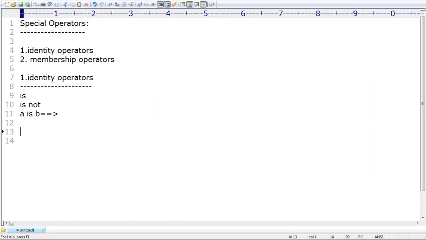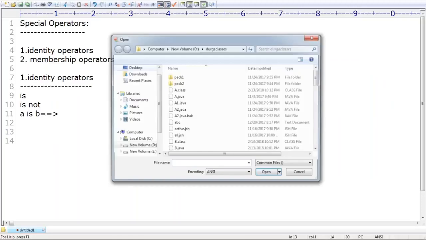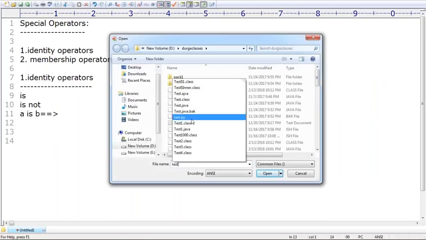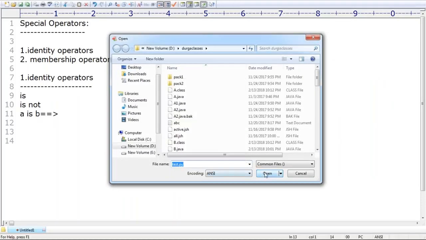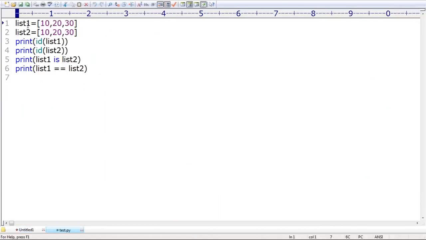Now observe, yesterday we had a discussion about one small example. Assume list1 is equal to 10, 20, 30. This is the first list we have. List2 is equal to 10, 20, 30.